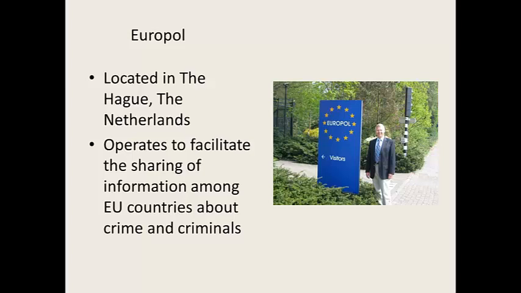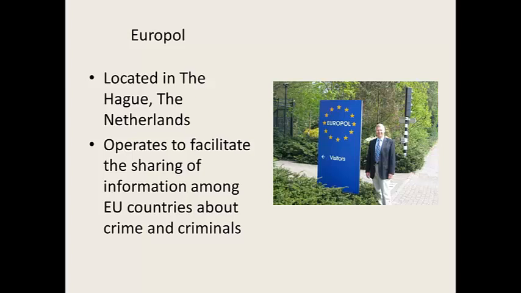So Europol is comprised of those countries in the European Union, and they send representatives from the various police agencies to The Hague, and they operate at the Europol headquarters.